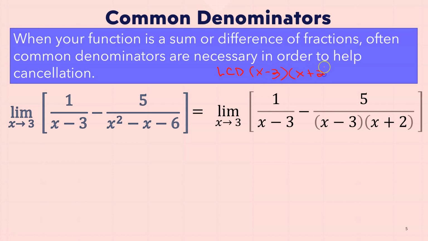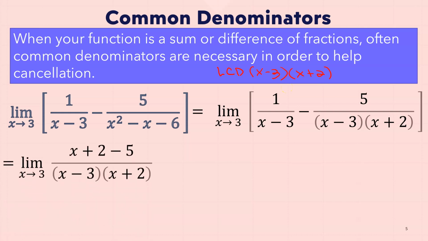That's our least common denominator. We go ahead and get that common denominator, multiplying by 1 to get that common denominator. So you're going to multiply this first fraction by x plus 2 over x plus 2, which gives us this part right here, and minus 5, which is the second numerator there.